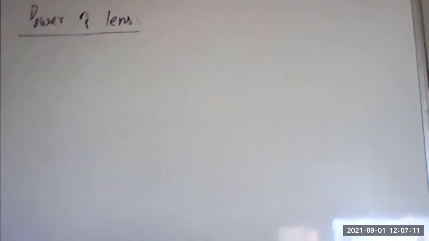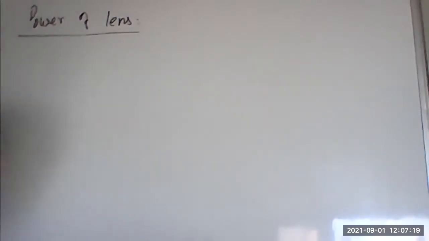power of lens. You have studied work, energy and power in class 9, but that power is quite different from the power of lens. This power of lens is different from electrical power and mechanical power.